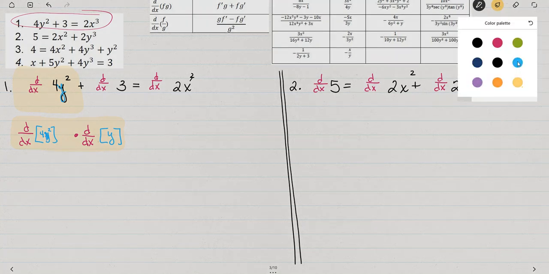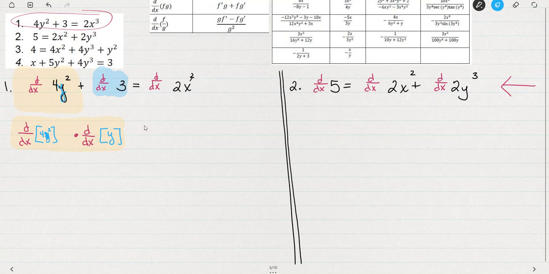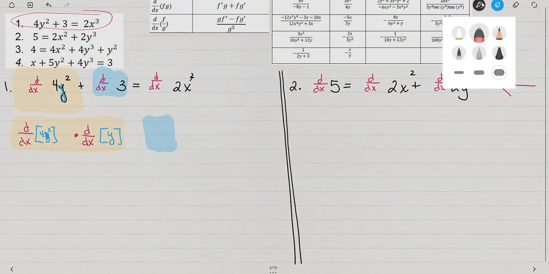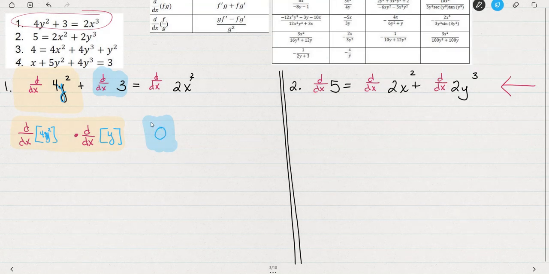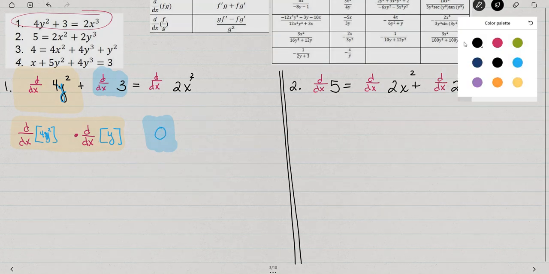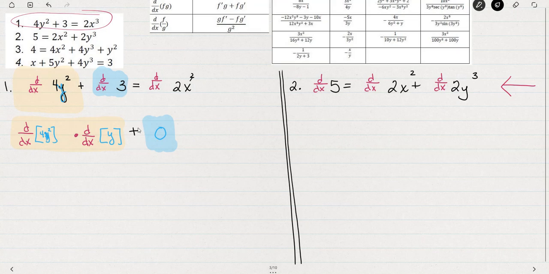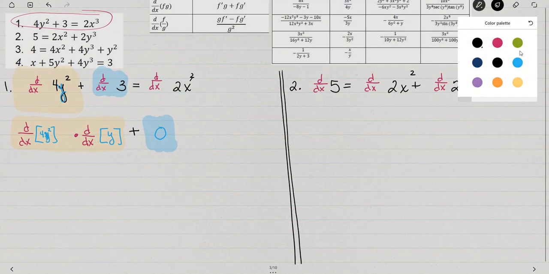Let's look at this next piece. The 3, oh, that's so easy, right? Because the derivative with respect to anything of a constant is just a big fat 0. So that part was easy, right? That blue one. And then this last one isn't that difficult either.